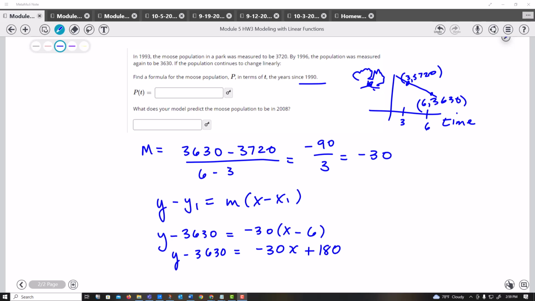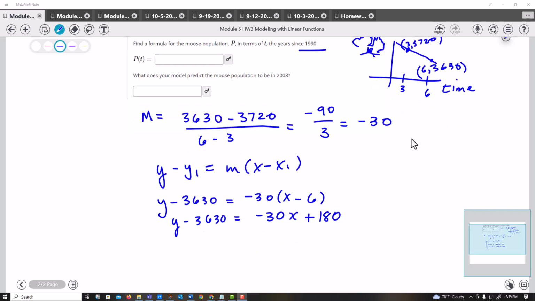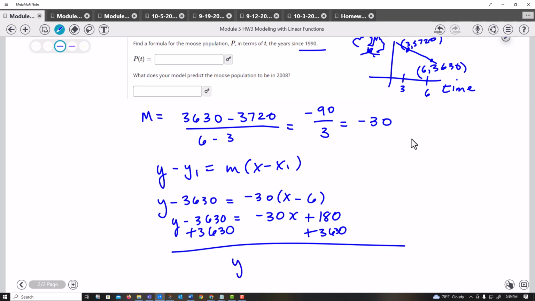And finishing this off, if I add 3630 to both sides, I get y equals negative 30x plus 3810. And if you want to write this in terms of time, negative 30t plus 3810.